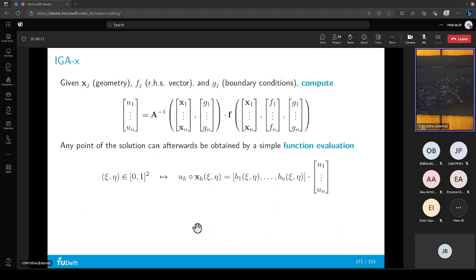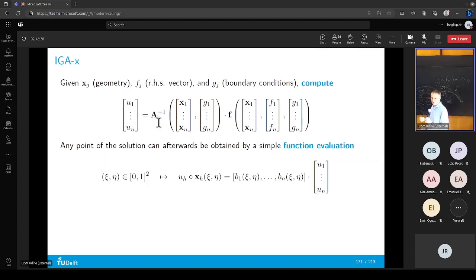How does this now fit into the IGA way of thinking? I think exactly that is what IGA does. We have our geometry, right-hand side vector, and boundary conditions encoded in coefficients relative to an a priori decided basis. Then we compute the solution by inverting.